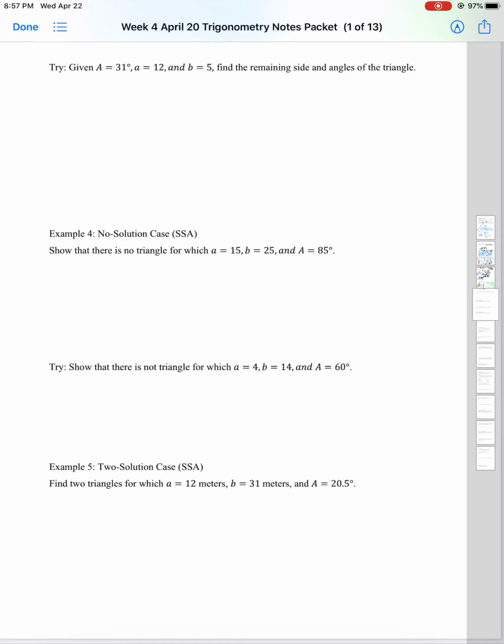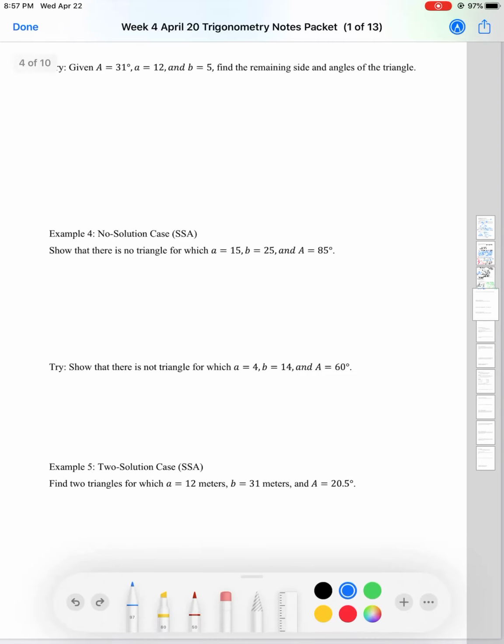Okay, so given angle A, side A, and side B, we're going to find the remaining stuff. So let me just draw this out really quick. Here we go.